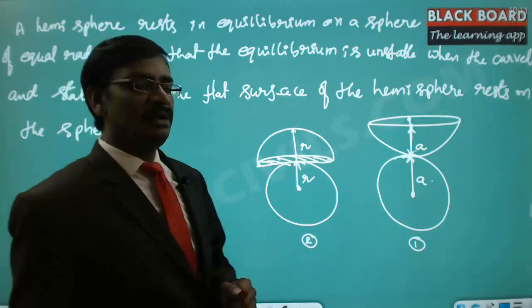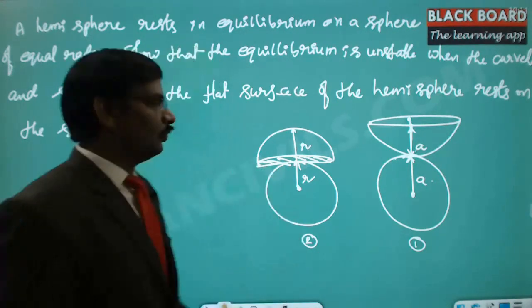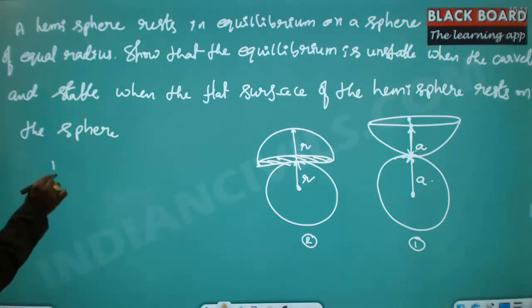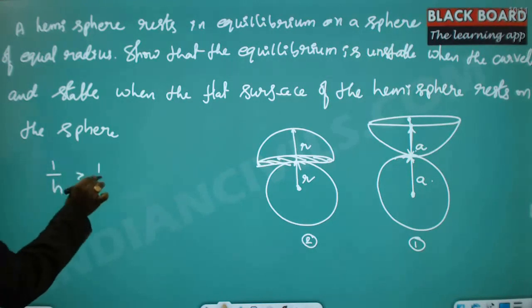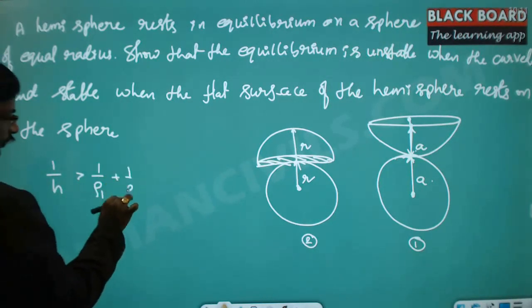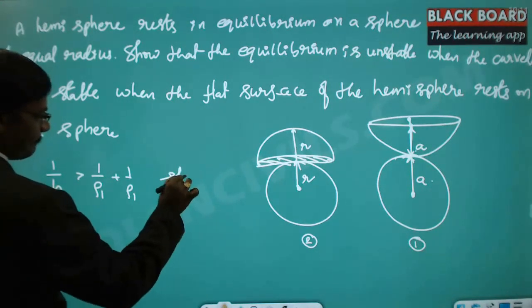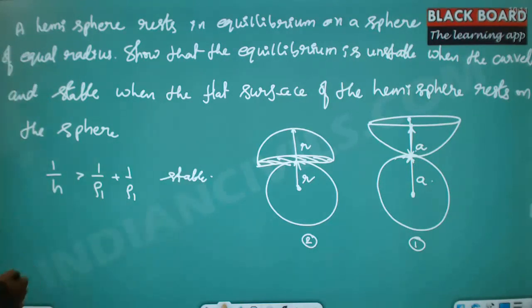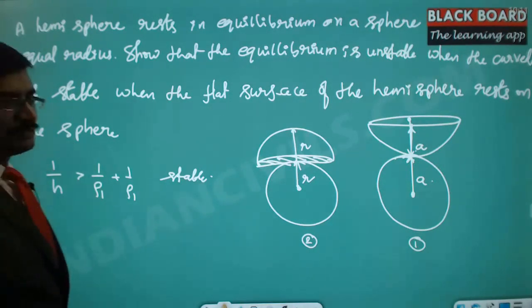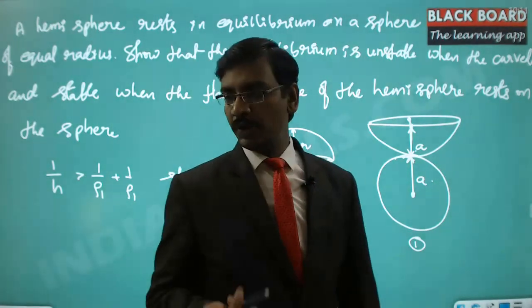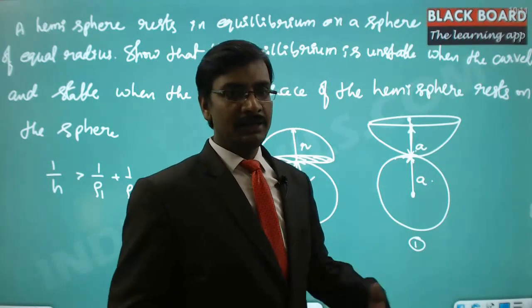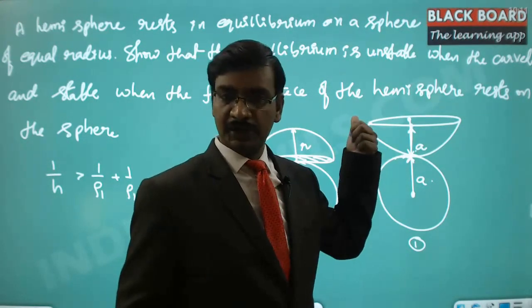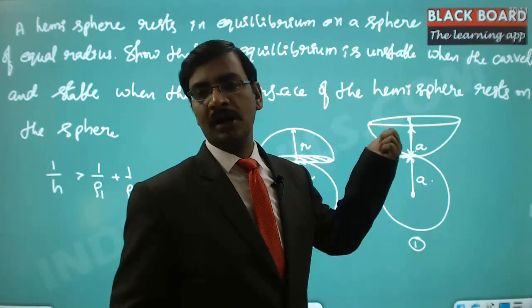So here, what are we interested in? We know only one formula: 1 by h is greater than 1 by rho 1 plus rho 2. This is stable. Now we take the first case. The h value is nothing but the center of gravity of the top body above the contact surface.